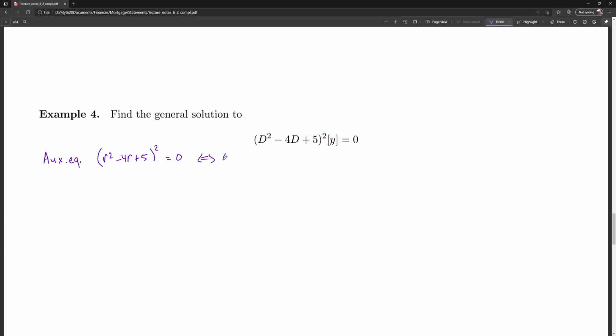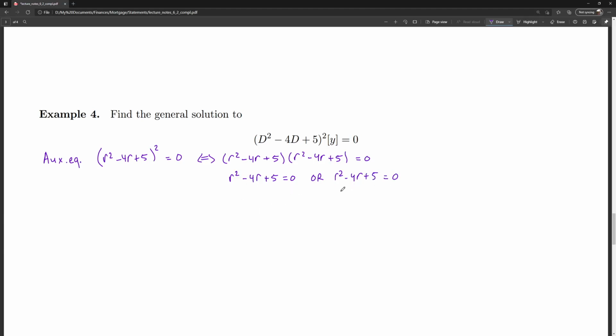Now, we can write that out. It's not necessary, but we can write it as r squared minus 4r plus 5 times r squared minus 4r plus 5. And then we see that we have to solve r squared minus 4r plus 5 equals 0, twice.